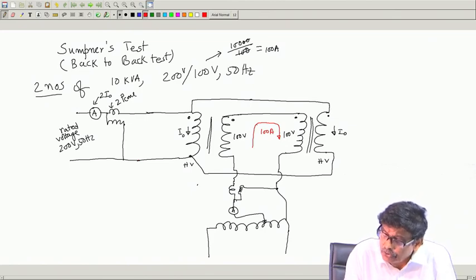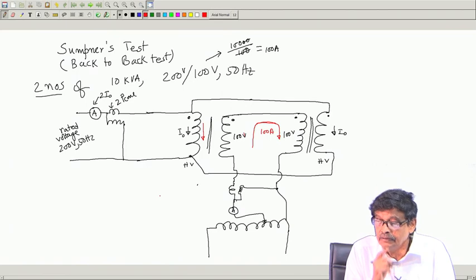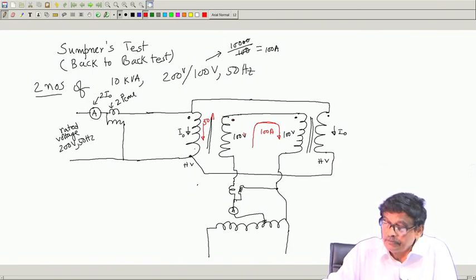Therefore, through the dot 100 ampere coming out for this transformer means that through this dot 50 ampere must flow. Through the dot current coming out, through the dot 50 ampere must flow.